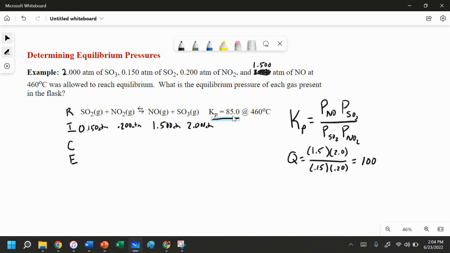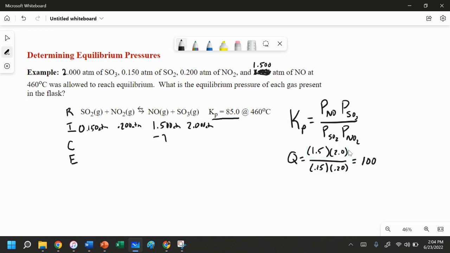So whenever Q is greater than K, product makes reactant. If our Q value is less than K, then our reactant is going to shift and make more product. So in this case, we are going to shift to the left.